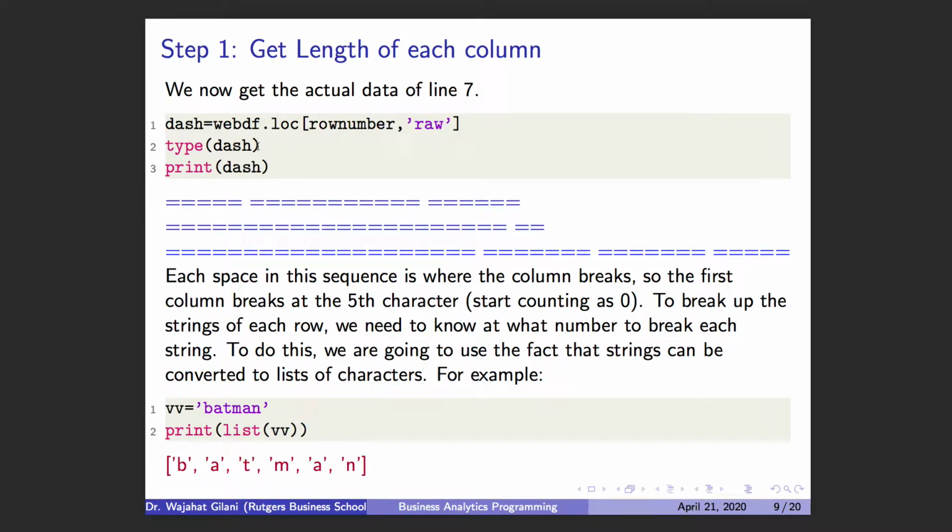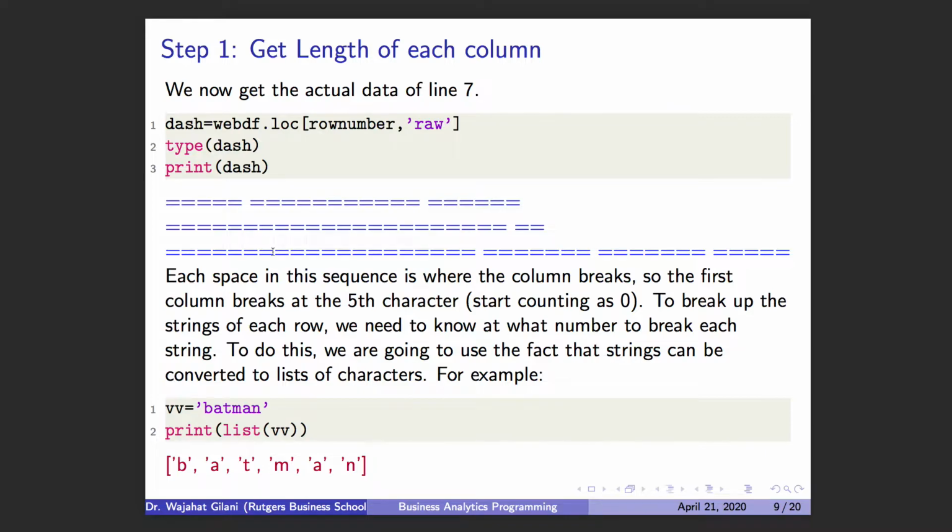Okay, from here, I have my equals. Each space is where the columns break. So the first column breaks at the 5th character, starting counting at 0, of course. Now to do this, like I said before, what are strings? Strings are basically character arrays.